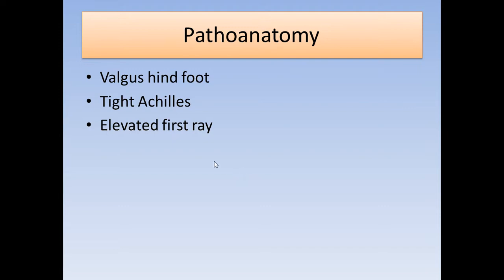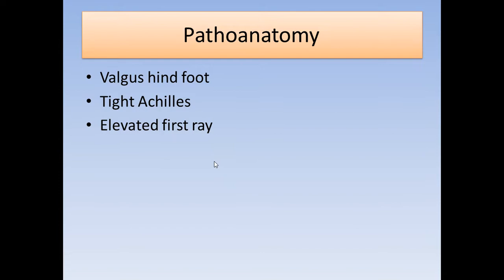Regarding pathoanatomy, for us it is mainly to detect how to manage. If you detect the deformity and you need to do something for the child, you have to know the site of the deformity to act on.